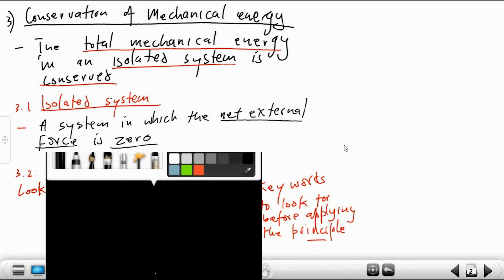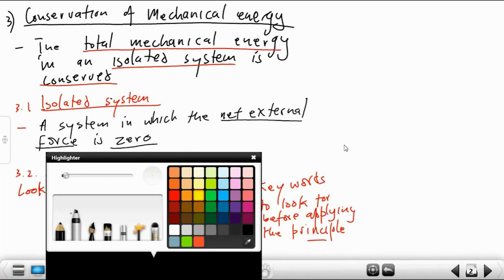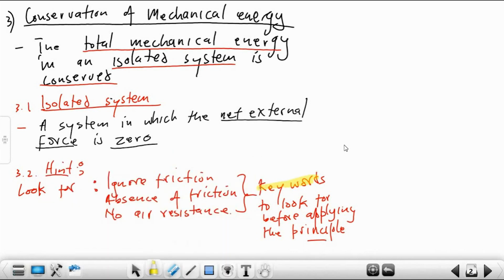So what does this say? It says we can only apply the conservation of mechanical energy if I am told that I must ignore the effects of friction. I must look for words like absence of friction, or no air resistance.